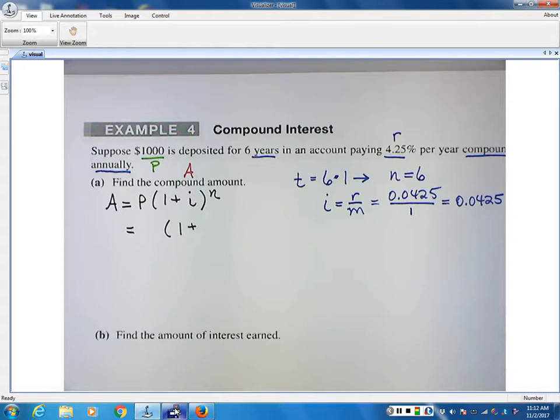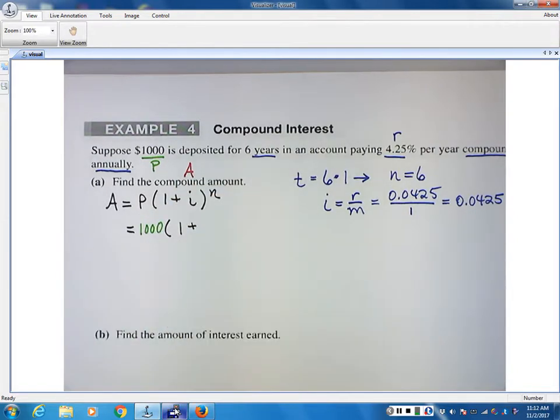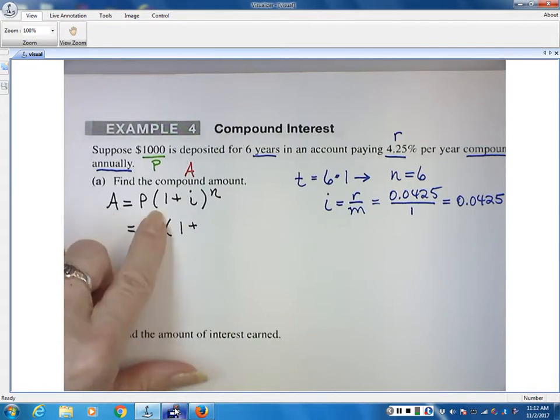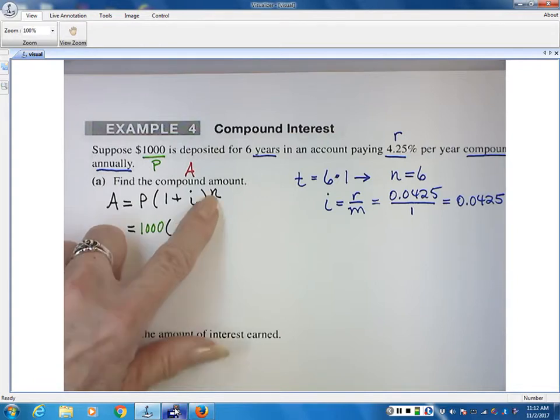So P is $1,000. The formula says A equals P times 1 plus I, for the interest rate, and then to the power N.